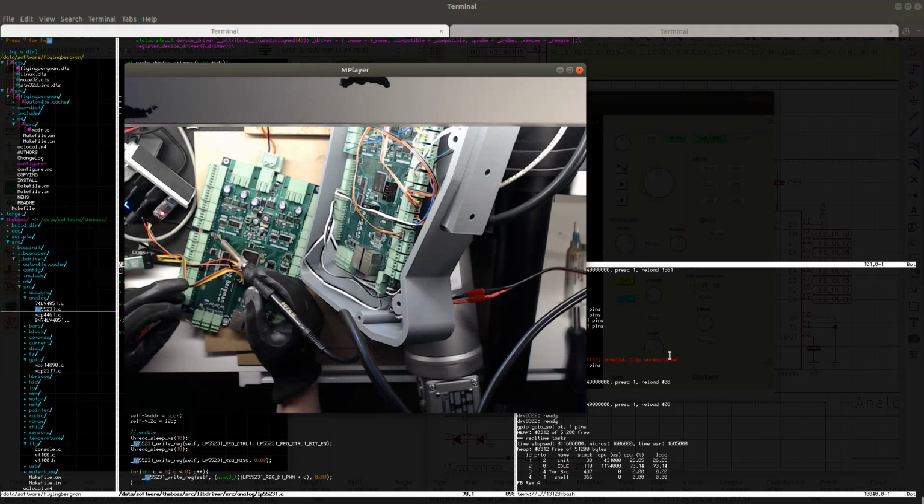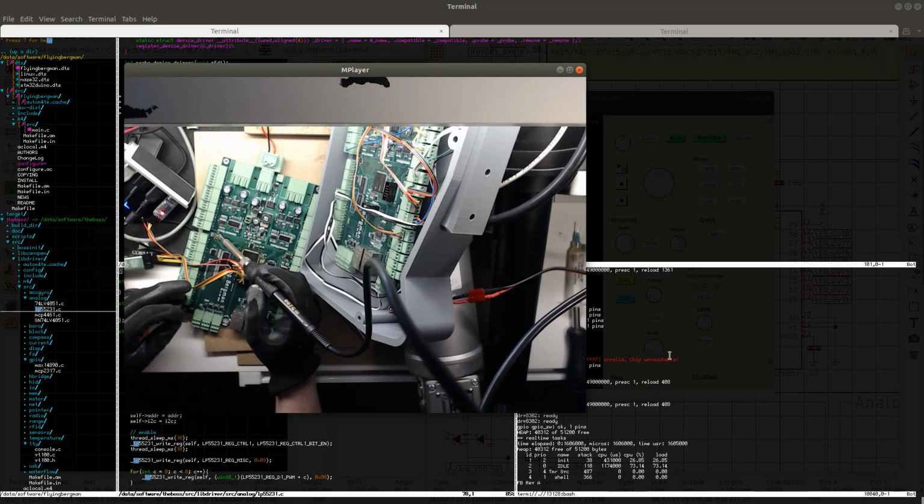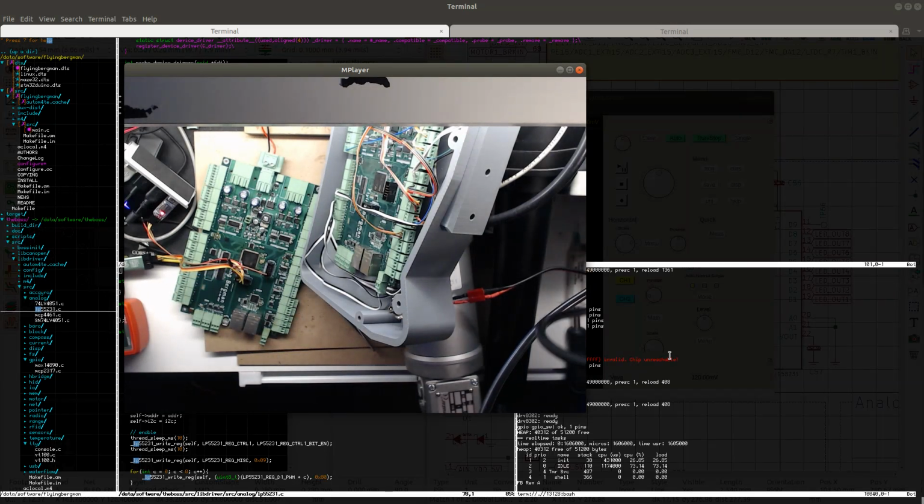Put a little bit of solder on all of the pads, the footprint. And it's time to solder.